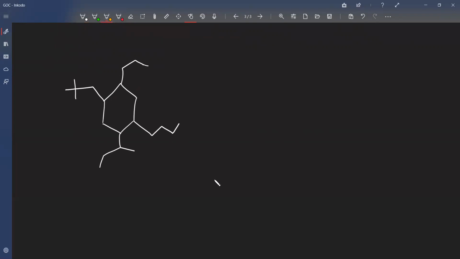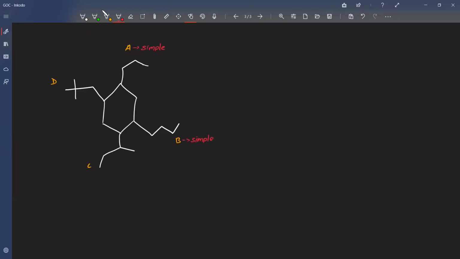I'll give them numbers or symbols. Let's say this is A, B, C, and D. So which one do you think is simple and which one is complex? A is simple, B is simple. Yeah, A and B are simple.